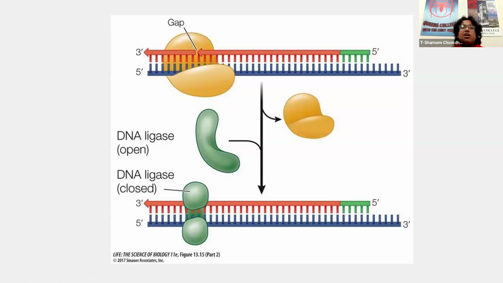So once the RNA primer creates a gap between the Okazaki fragments, the RNA primer is converted into DNA by DNA polymerase 1, but there's still a gap. To get rid of that gap, DNA ligase comes in. Ligase is the glue. Ligase joins those fragments.